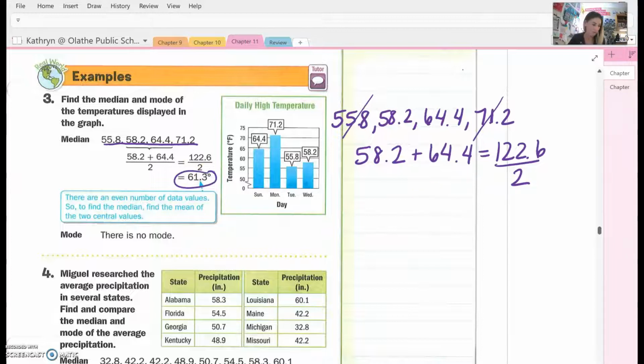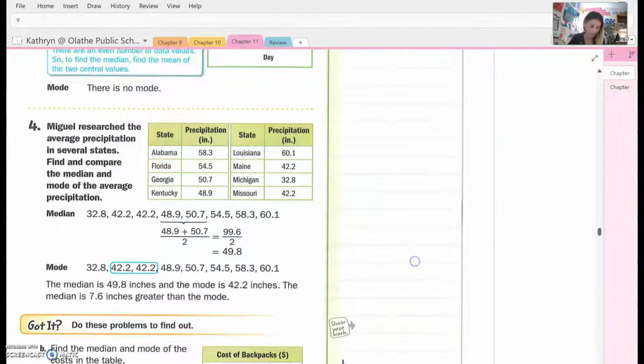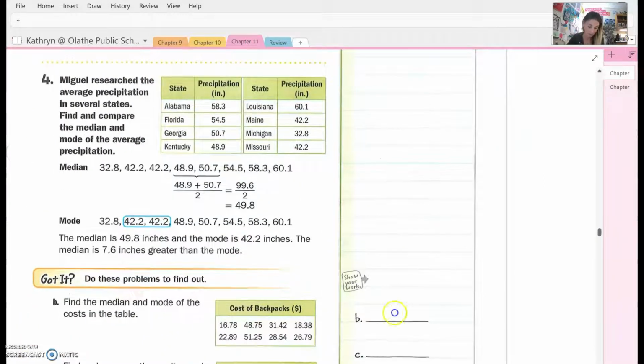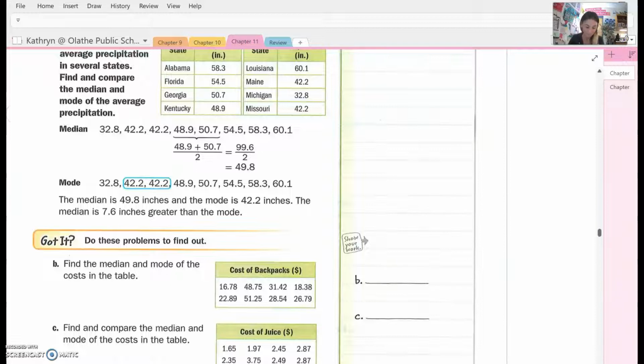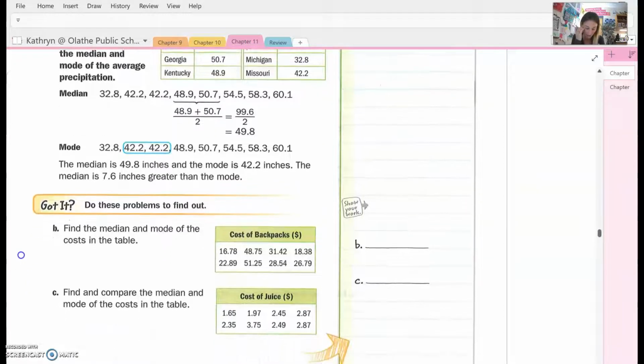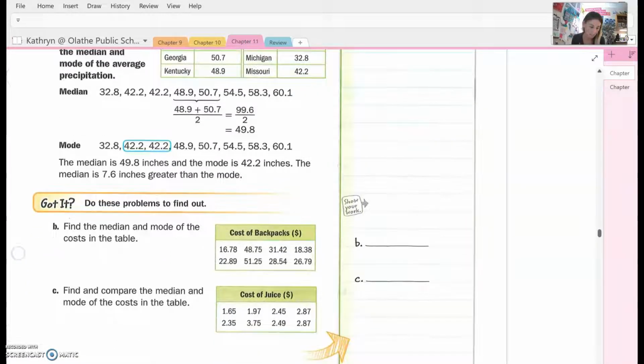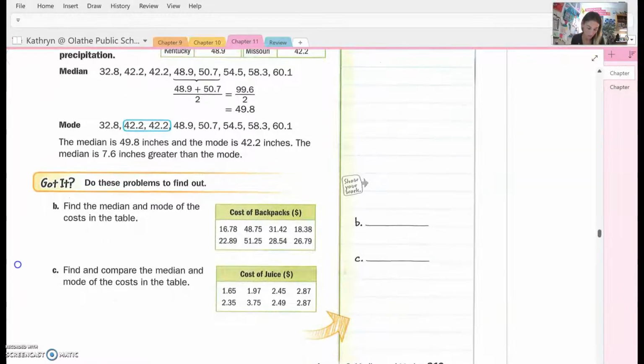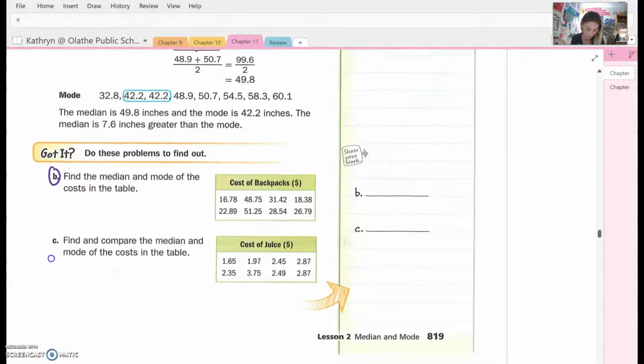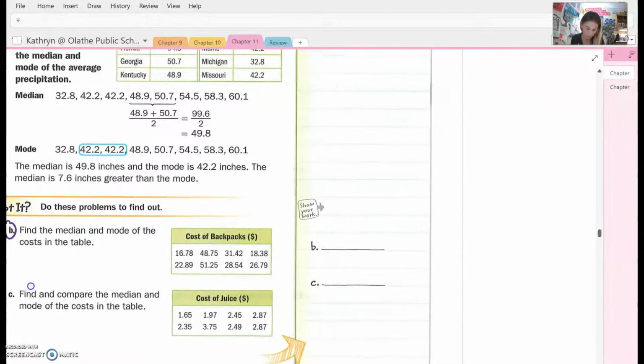Okay, now let's actually put that into practice down below here. It says find the median and the mode of these numbers. So let's put them in order from least to greatest. I think I'm going to slide this over a little bit.